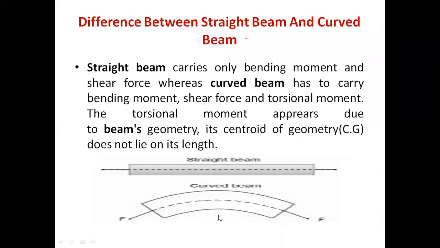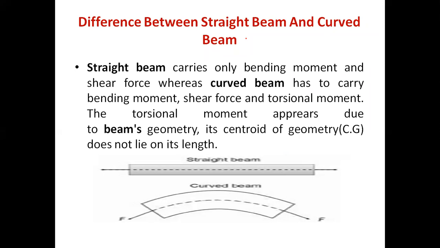Because of not lying in the same plane, curved beams will be subjected to twisting. Curved beams will be subjected to torsion. Understand? That is the main reason why curved beams are subjected to torsion also.